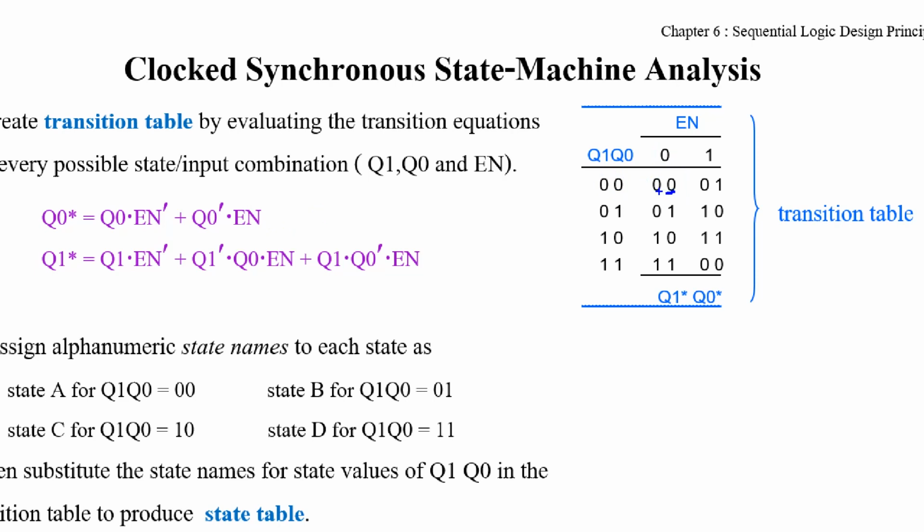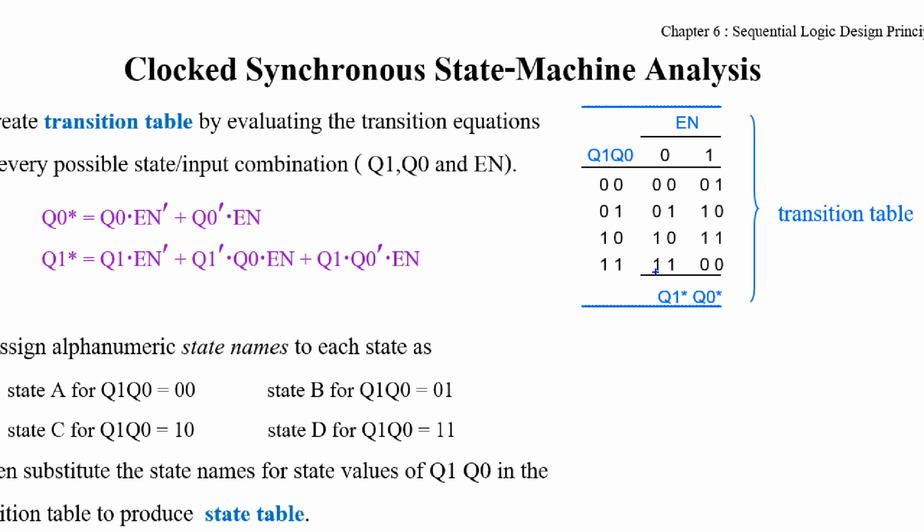And for this bit, Q1 star, you just apply En 0, Q1, Q0 with 0, 0 into the variables in this equation, and the result is 0, and so on. Apply all of this.